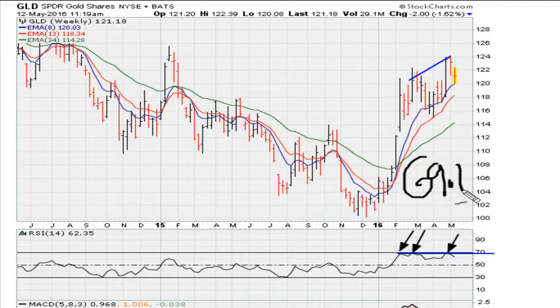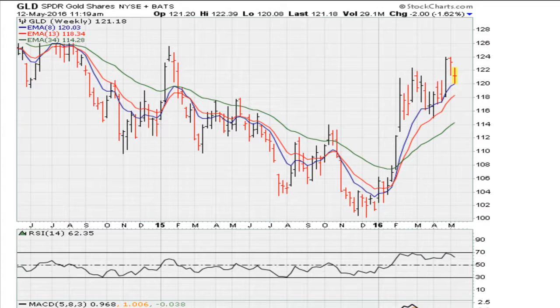That is also a negative in my opinion. You have a failure to move above 69.1, and you also have negative divergence. So if you look at the weekly, the monthly, and potentially what the daily is saying, the risk is elevated for gold to pull back, and pull back significantly.